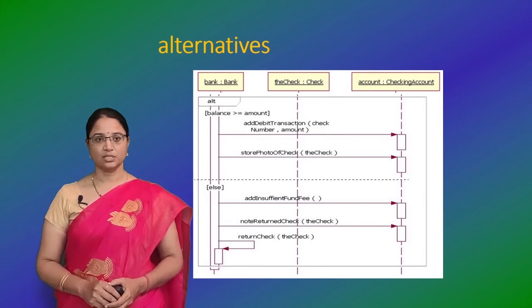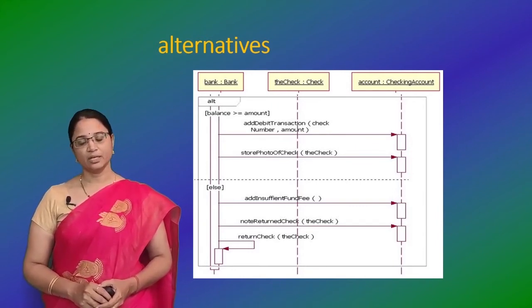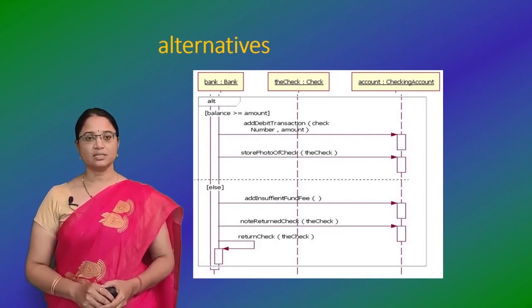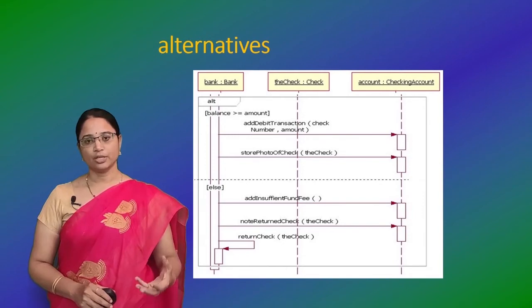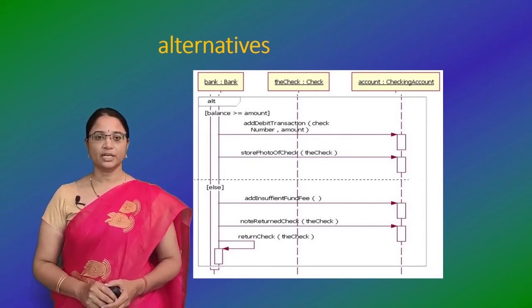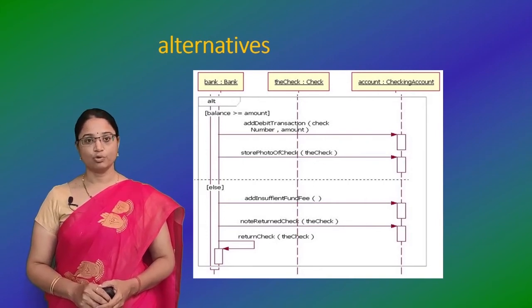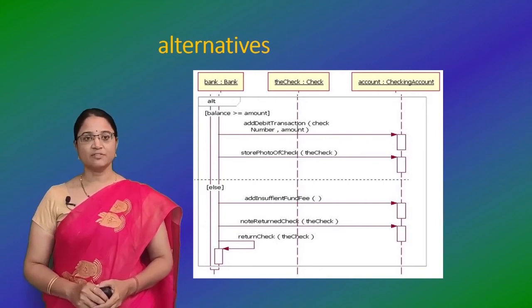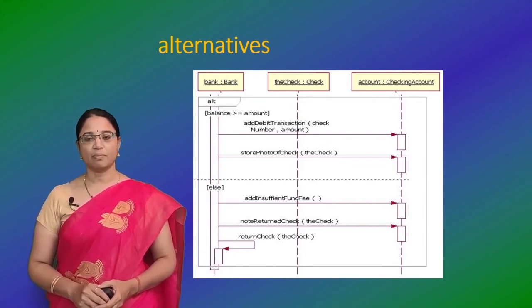See here, first of all, if the balance is available, he will give the amount. If the balance is greater than or equal to the amount, you can withdraw the amount, and that amount will be deducted from your account, so the status will be updated. Else, if the amount is insufficient, the same will be represented to the client and they will return the check back.